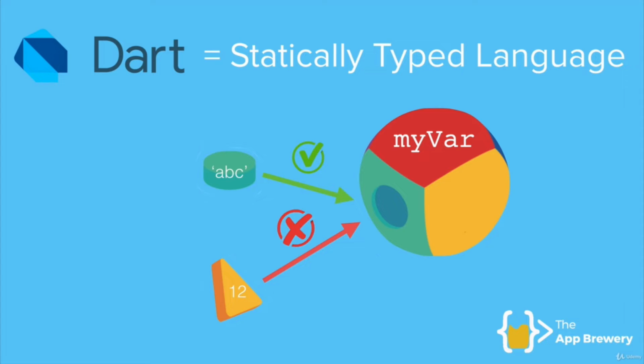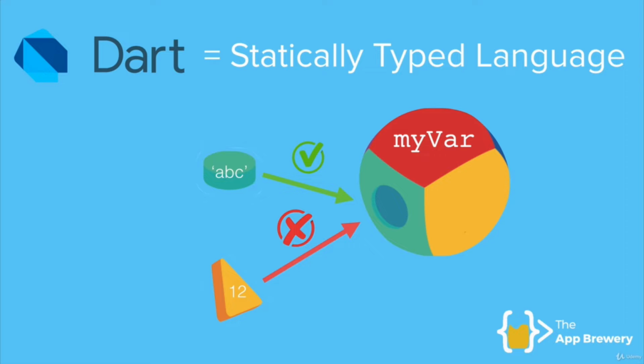It's very similar with statically typed languages like Dart. When I create a variable and say that it can only hold pieces of text, then if I try to put a number into it, it won't accept it. It says I can't mix up my types.